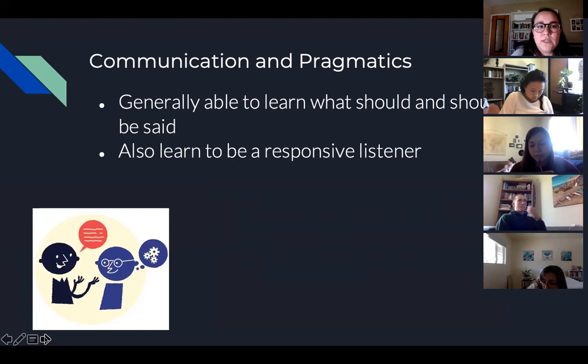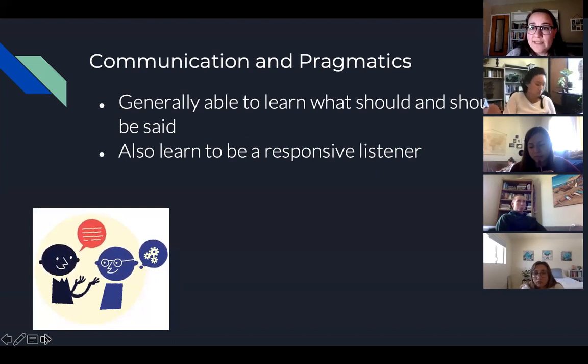And children also learn that there's a certain role that they take in a conversation when they are the listener, when they're on the receiving end of information. This is usually done by things like smiling, nodding their head, keeping their eyes focused on the speaker, not looking around the room, sometimes by verbalizing things like saying "uh-huh" or "mm."